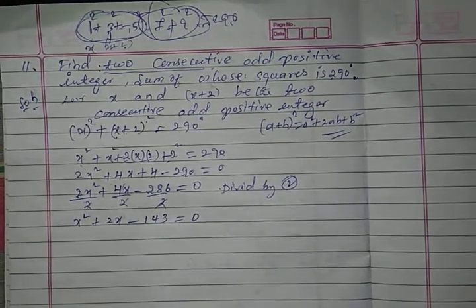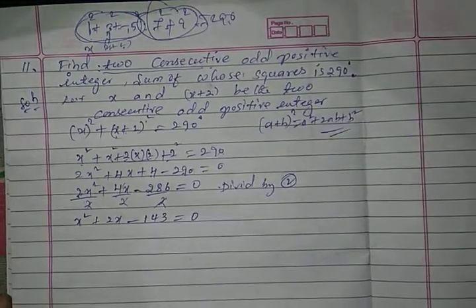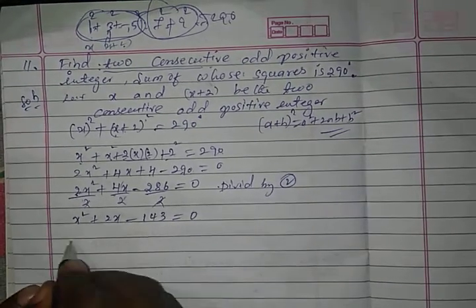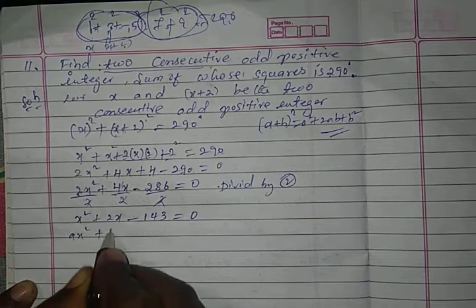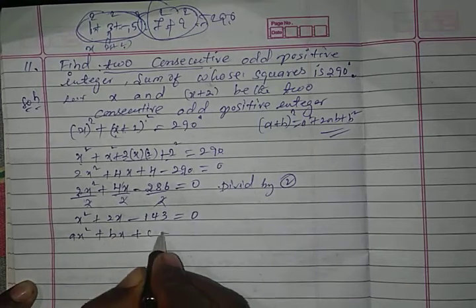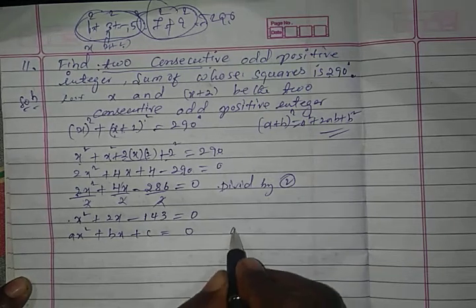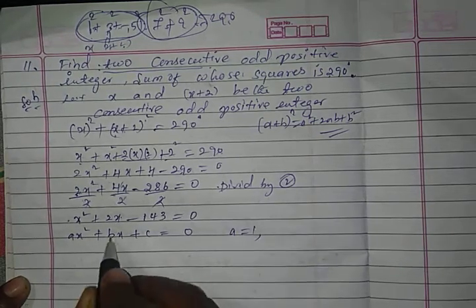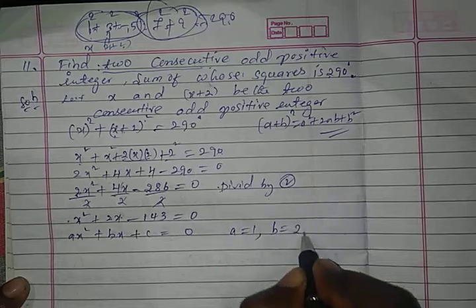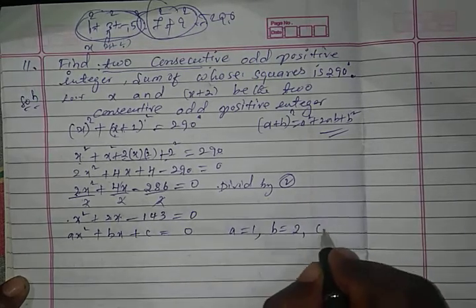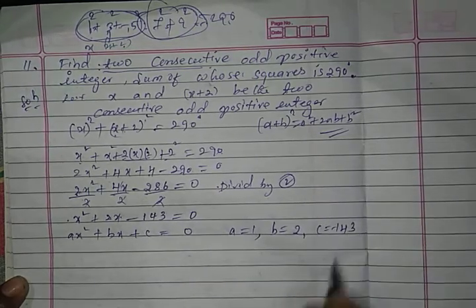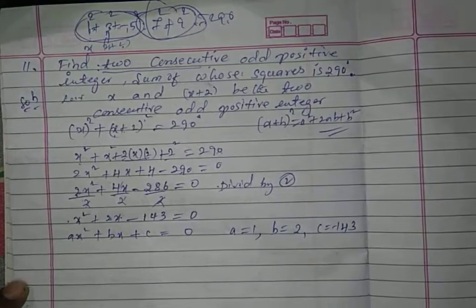The factors of 143. So this is in the form of ax square plus bx plus c is equal to 0. In x square, the value of a is 1, b is 2, and c is minus 143. The value of c is minus 143.